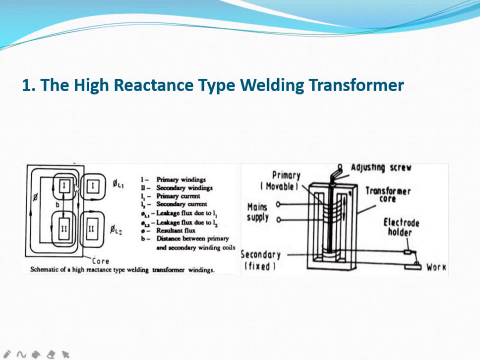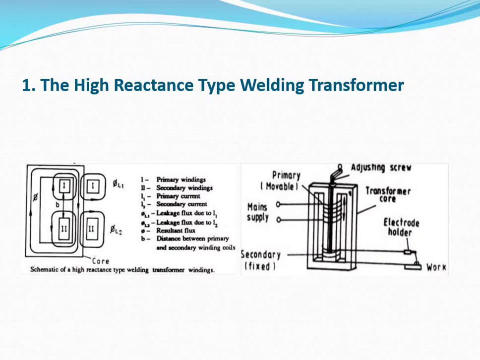Here in this figure, both the windings are placed on the same limb, but to satisfy our requirement, some distance is maintained there. That distance is denoted here by B. That is the distance between primary and secondary winding coil, so that the leakage flux is as per our requirement.